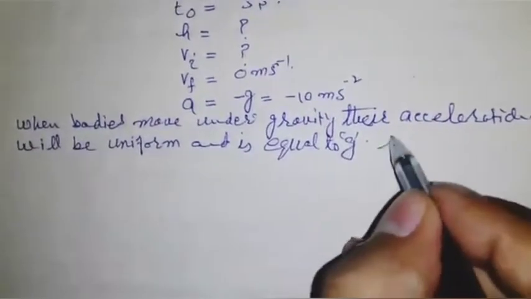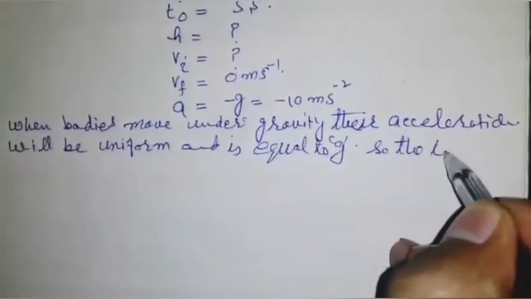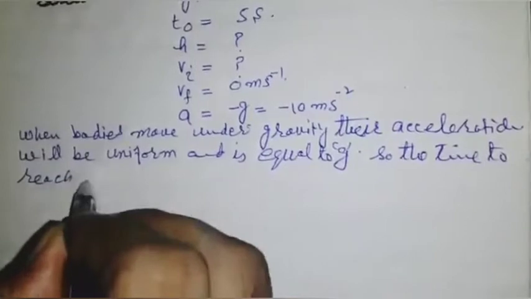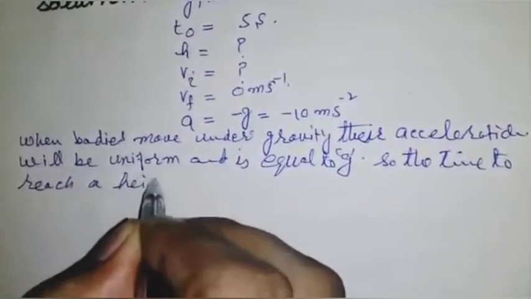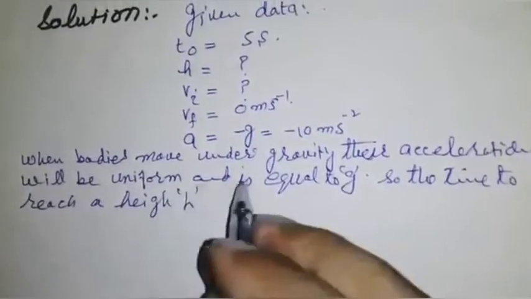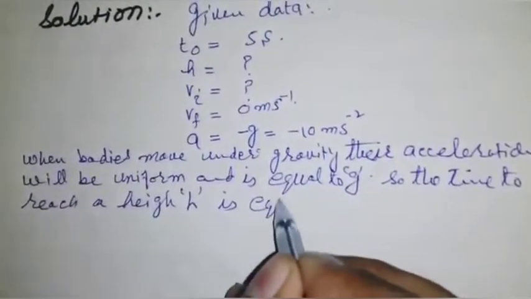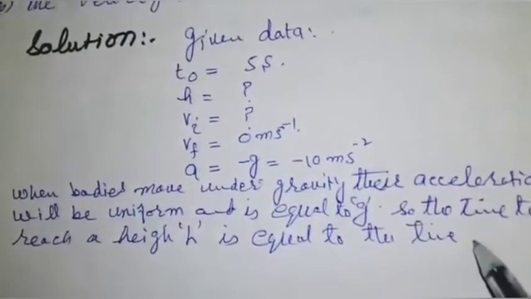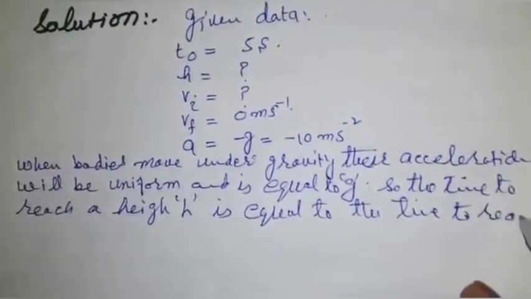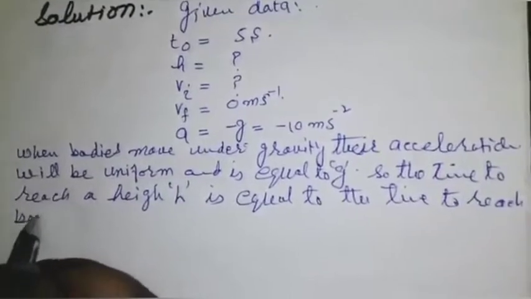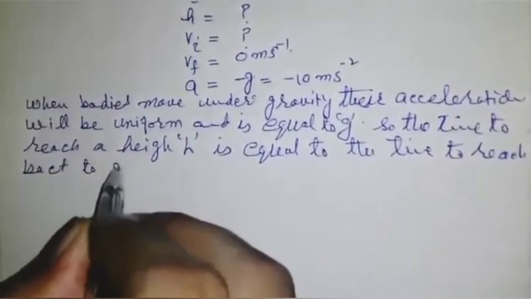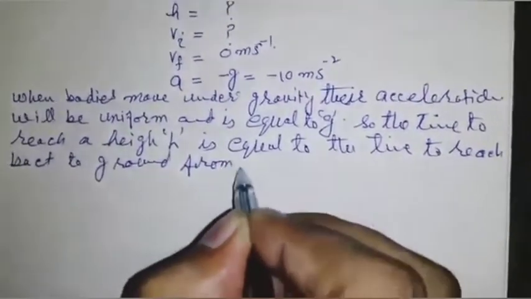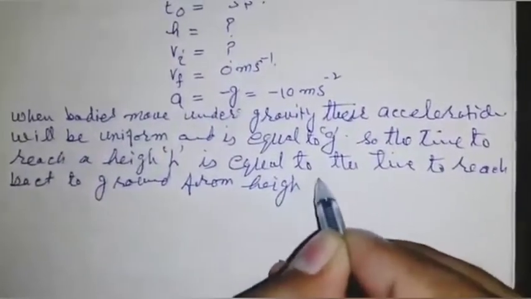So the time to reach a height h is equal to the time to reach back to ground from height h.